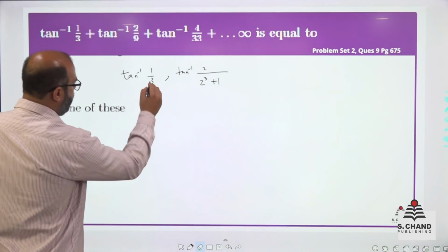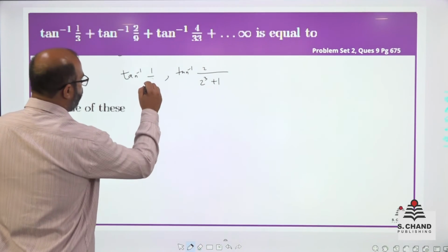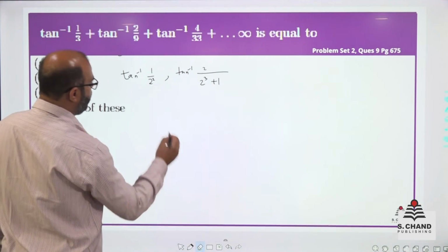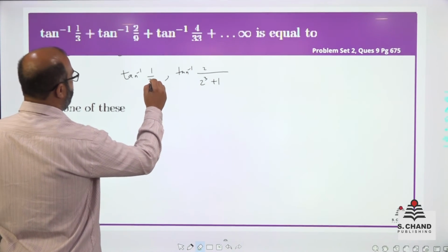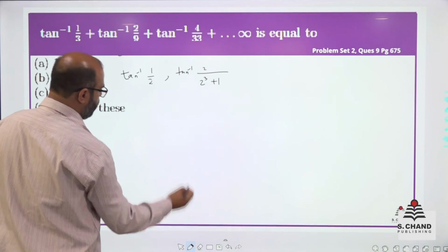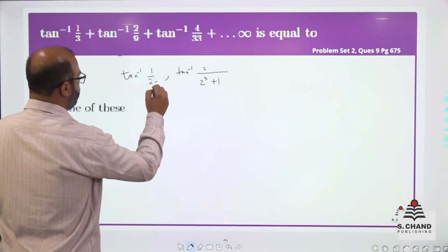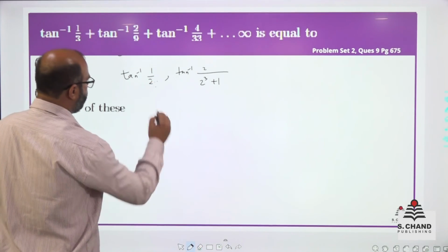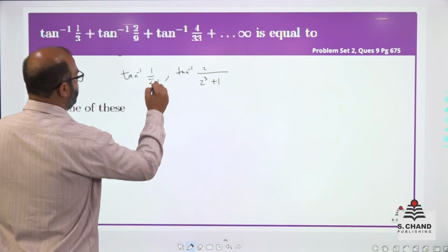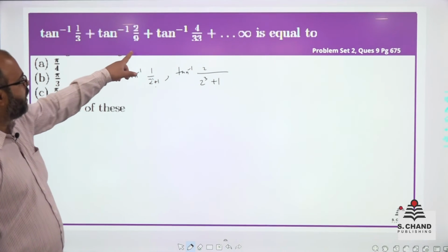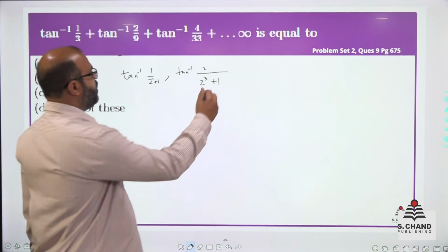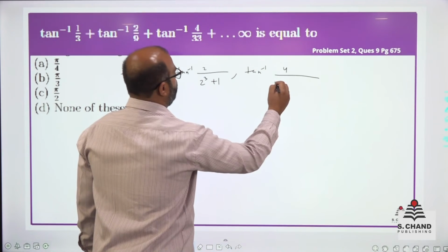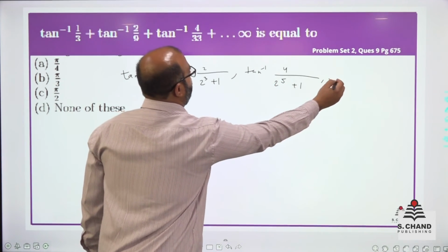And even the first one can be written as 2 to the power 1 plus 1, that will be 3, and 2 to the power 3 plus 1, that will be 9, and then tan inverse 4 upon 2 to the power 5 plus 1, like this.